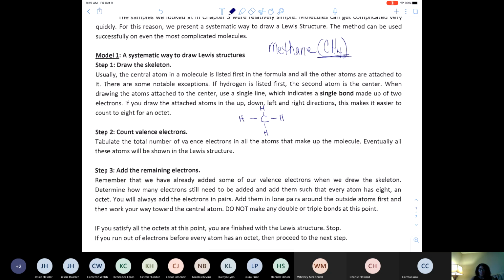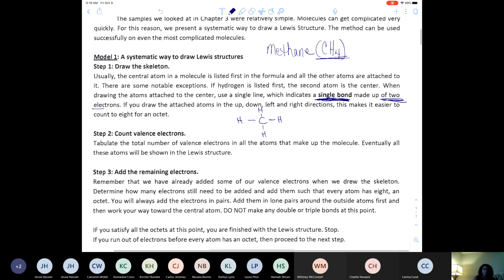These single straight lines are single bonds, single covalent bonds. Each of these single bonds that I drew, and I drew 4 of them, represents 2 electrons.